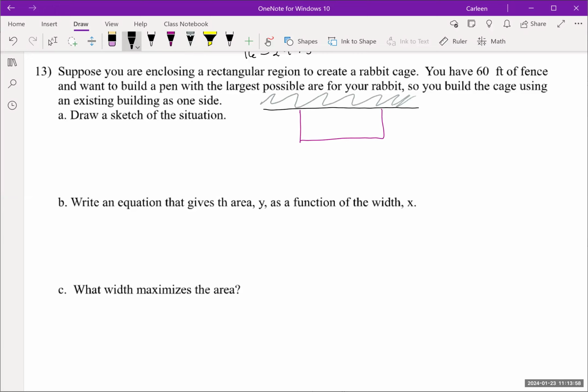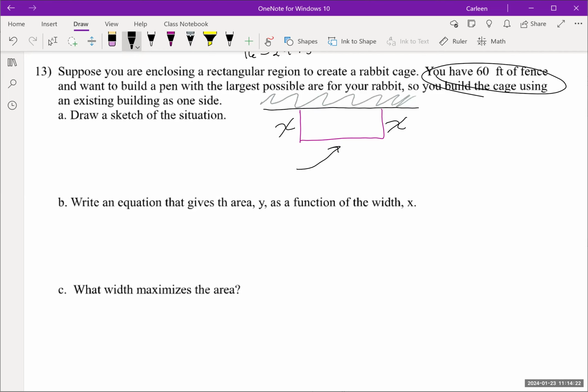Now we call the width X. 60 total feet. We used X over here and X over here. Therefore, what is left for the length of the bunny pen? Ding, ding, ding. Yay, Zoomers.